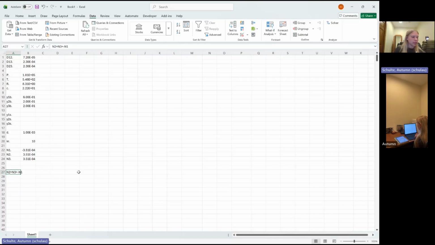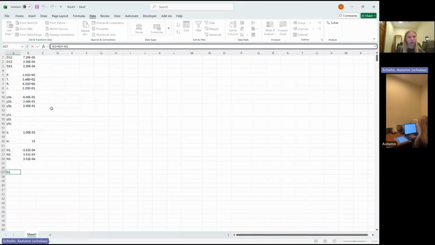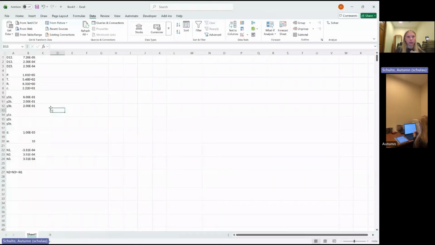You also would notice in the picture that I drew that we had the flux of ethanol flowing downwards, whereas the flux of acetaldehyde and hydrogen were flowing upwards, which is why I have this negative in here for the molar flux of ethanol, just to show that they're moving in opposite directions.